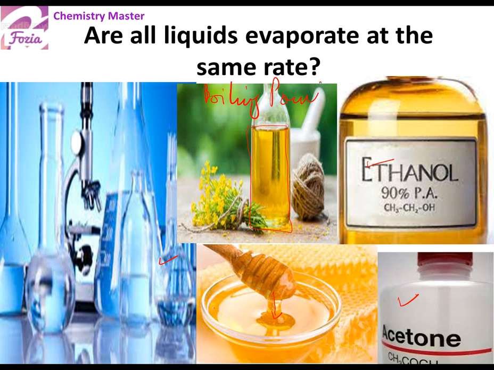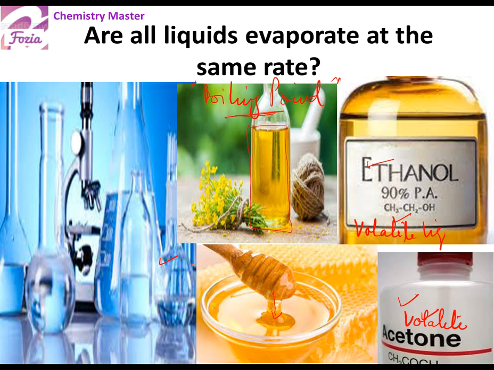The boiling point is the main factor which determines the rate of evaporation. Liquids like ethanol and acetone, which have boiling points just above room temperature, are said to be volatile liquids. For acetone it is 65 degrees Celsius, for ethanol it is 78 degrees Celsius.